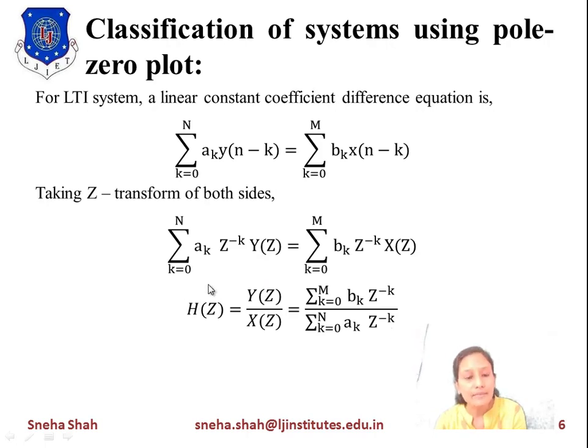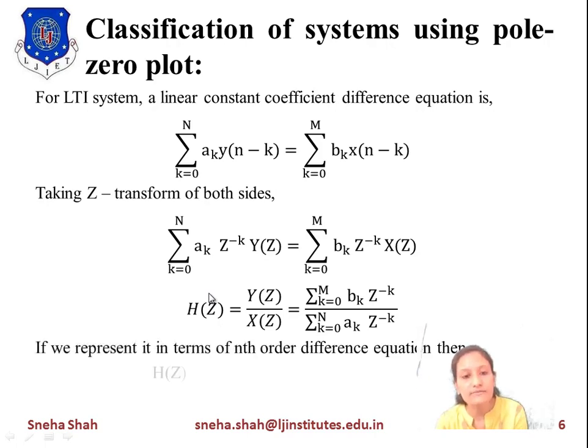Now if we represent this whole transfer function as a number of systems connected in cascade, then h of z equals h1 of z into h2 of z. Suppose we take the numerator part as the first system, h1 of z, and the denominator part as the second system, h2 of z.